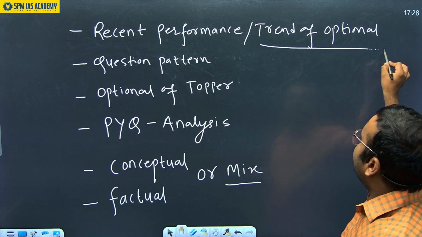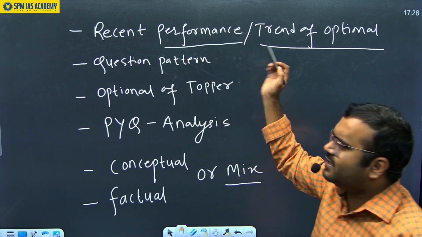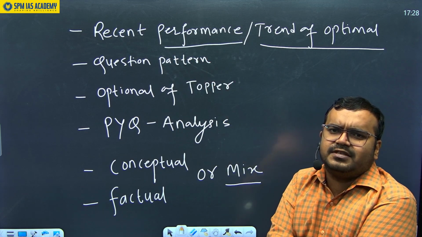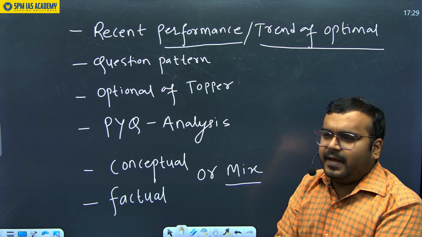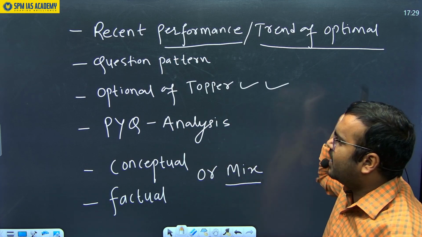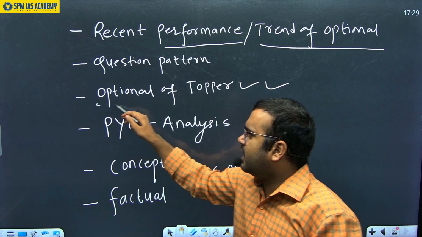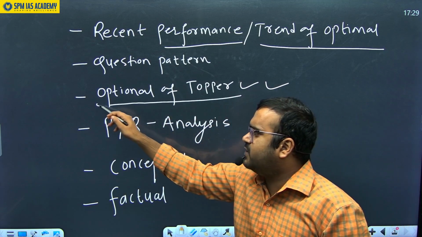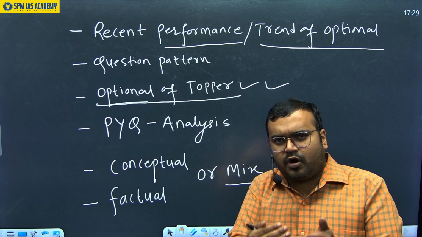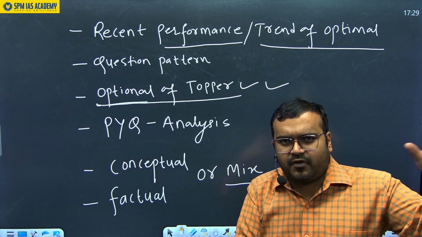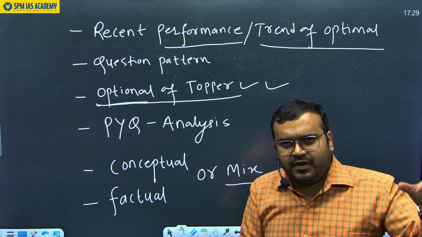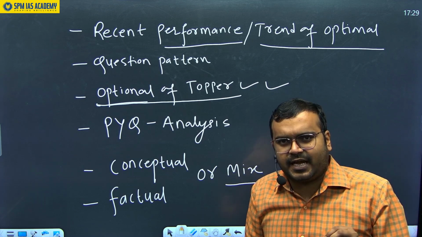Similarly, the trend or the performance of the optional, most of the time students try to consider that. That means if last year or the year before we see that a particular topper has an optional, let's say a few toppers two years back, we had a topper from history, similarly we have seen toppers from political science time and again, right?